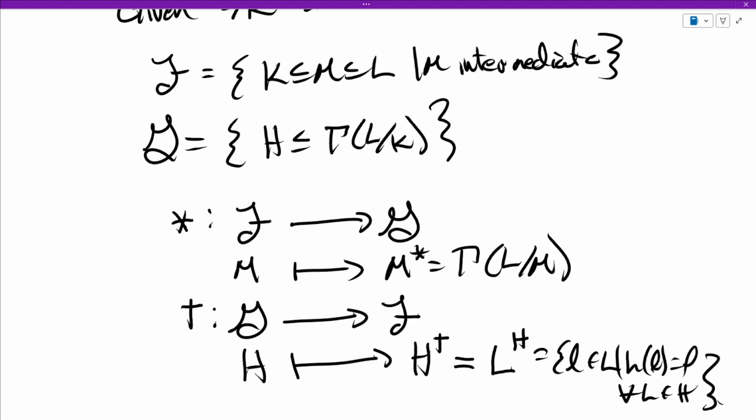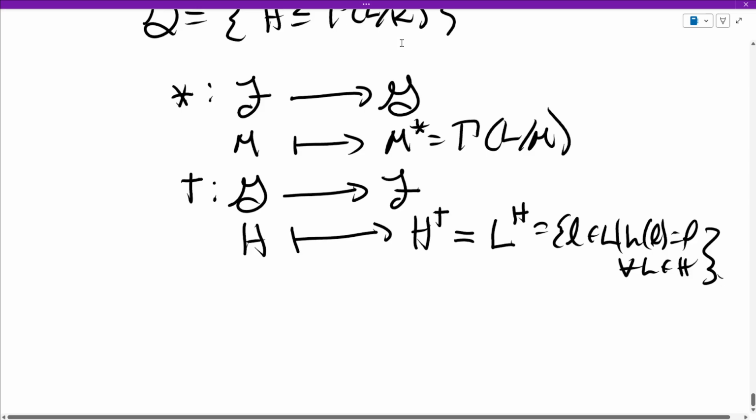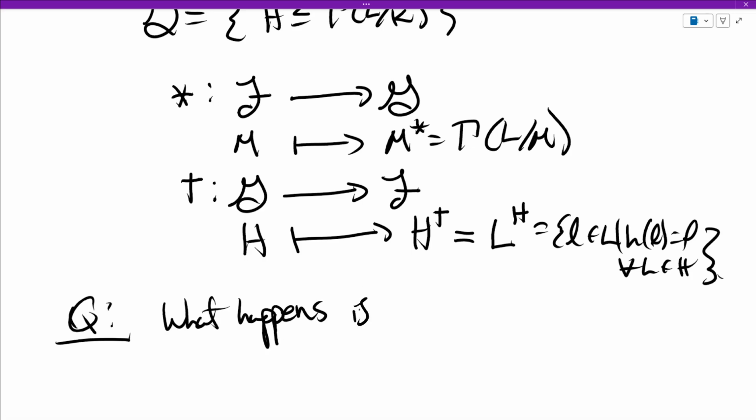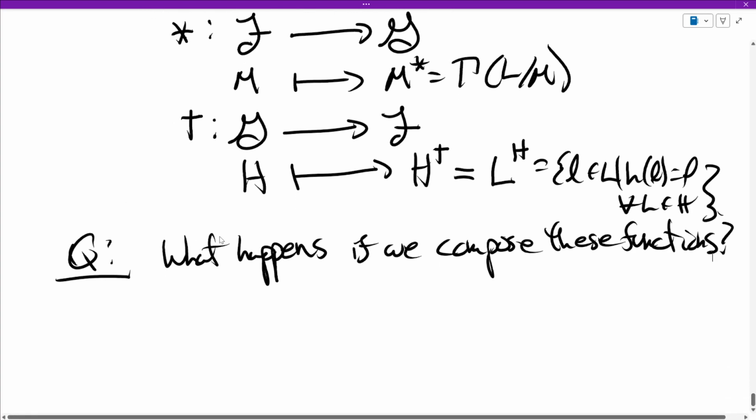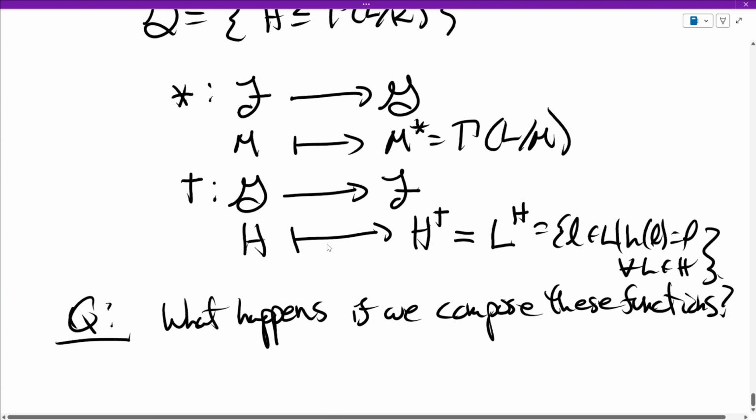Now, a natural question arises. What happens when we compose them? And these are kind of crazy functions, but we could ask that question. What happens if we compose these maps?